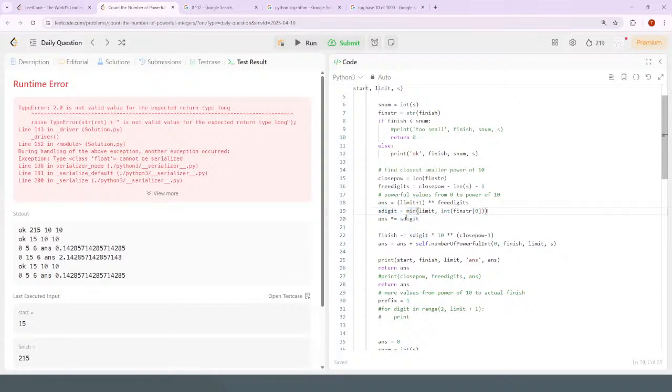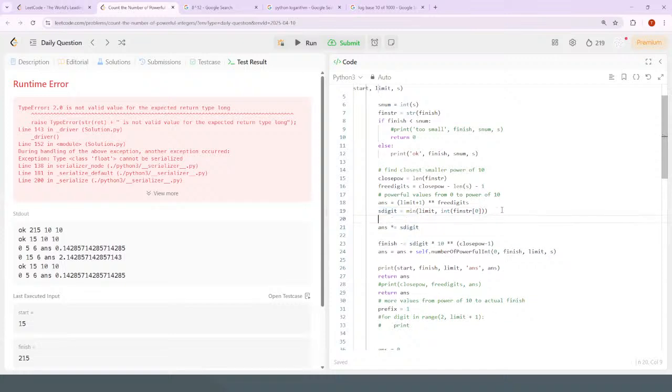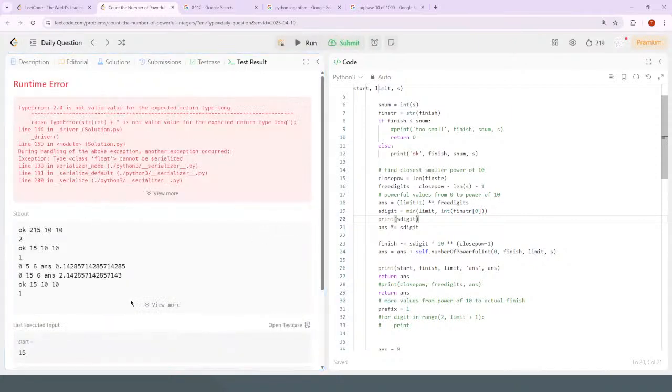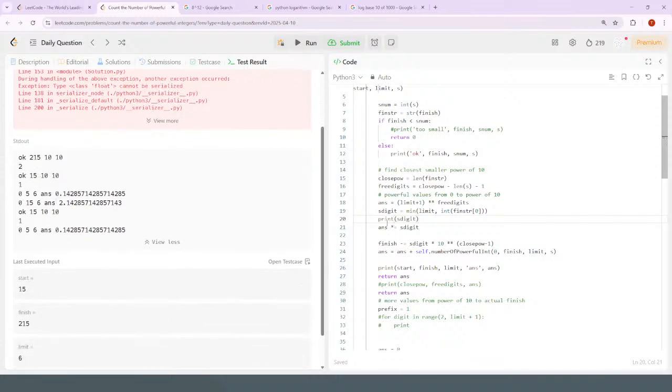Is it this thing? The answer times equals the number of digits. Okay. No, the starting digit is correct. So the answer times equals your starting digit and then their finish.